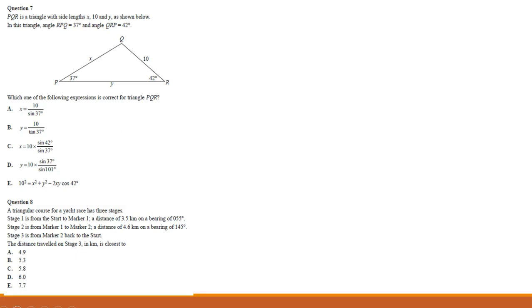Okay, question 8. A triangular course for a yacht race has 3 stages. Stage 1, from start to marker 1, distance of 3.5 on a bearing of 55 degrees, true. For 3.5 kilometres.